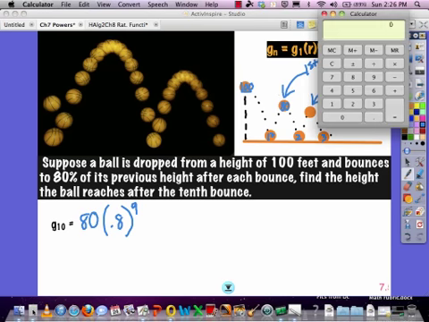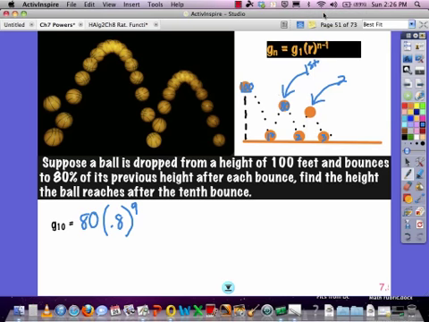I don't have exponents on this one, so let's go back and close that. Just use your graphing calculator. You've got 0.8 to the power of 9, and that has to be multiplied by that 80. You could do that all at once.